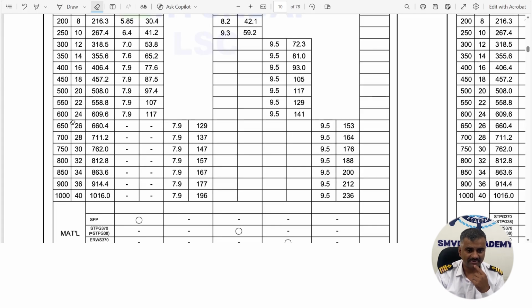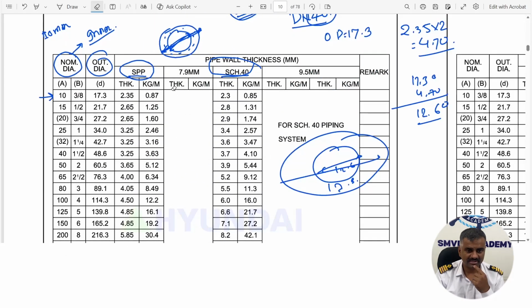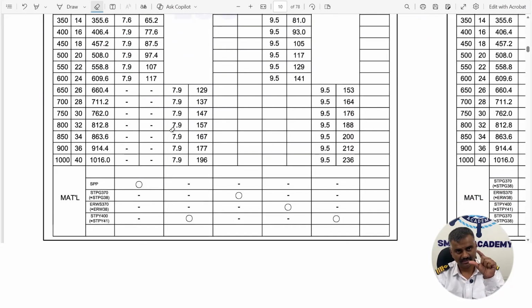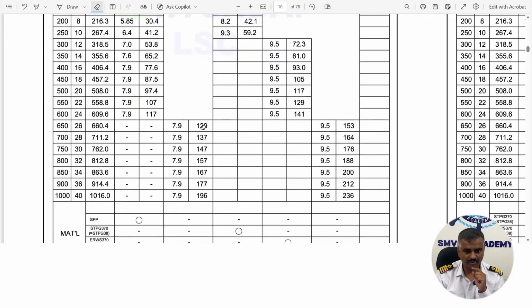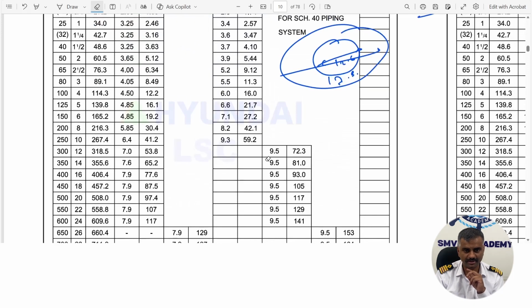After the thickness is 7.9 mm and nominal dia is above 650, you will use a different material, STPY 400. You can see the weight per meter, 130 kg per meter, 140 kg per meter, 147 kg per meter. This is the weight depending on the material.